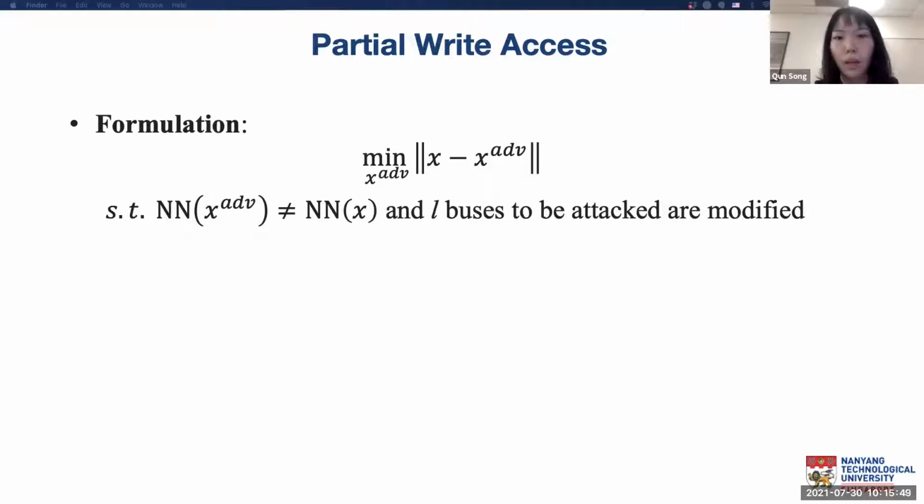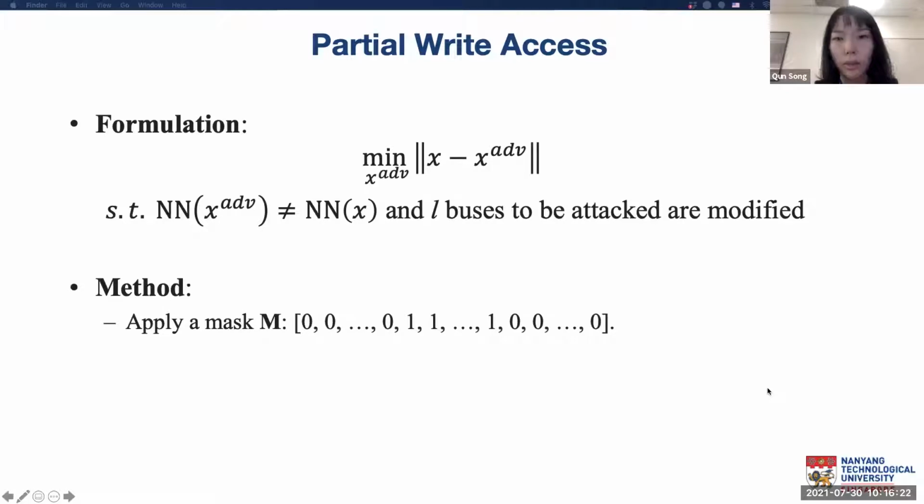In this slide, I will introduce how we implement the partial adversarial perturbation to satisfy different intensities of the write access requirement. The formulation for the partial perturbation construction is to minimize the distance between the original sample and the adversarial sample, subject to the output of the neural net being different from the original label, while only the input dimensions of X corresponding to the L buses to be attacked are modified.